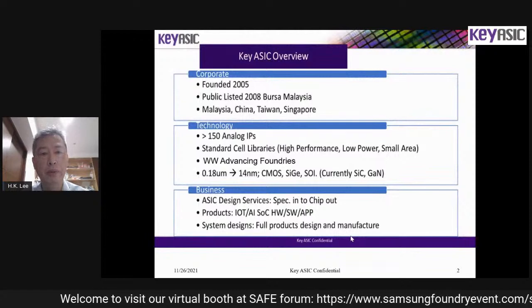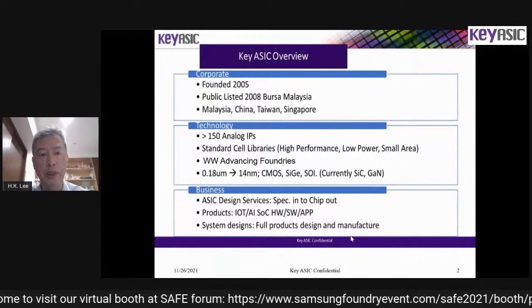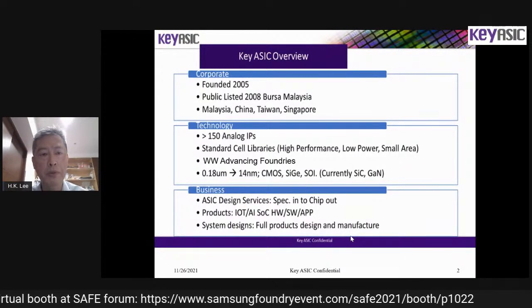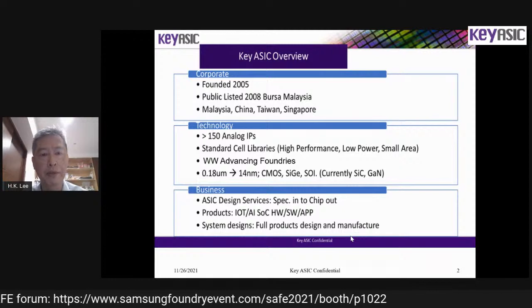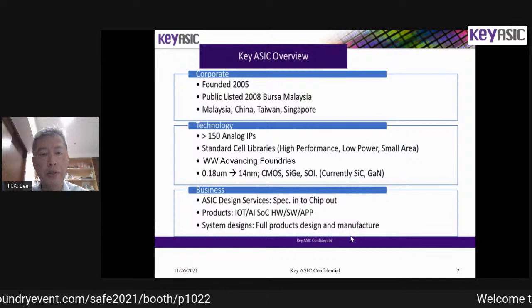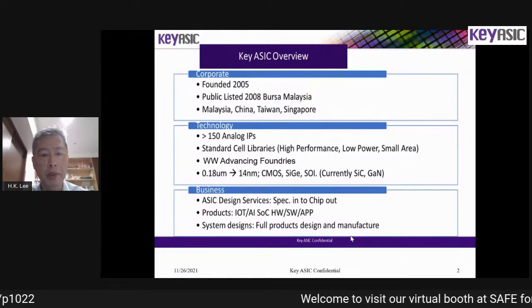Here we have a brief introduction of ASIC. The company was founded in 2005, and it was publicly listed on Bursa Malaysia market in 2008. We have offices in Malaysia, China, Taiwan, and Singapore.